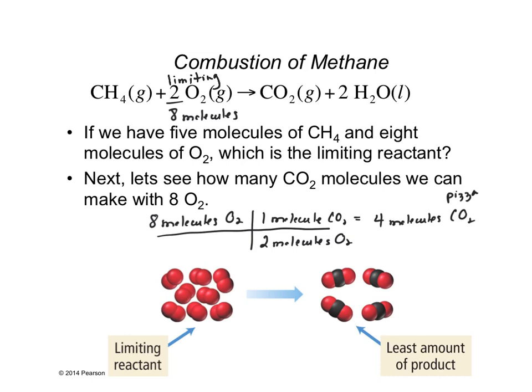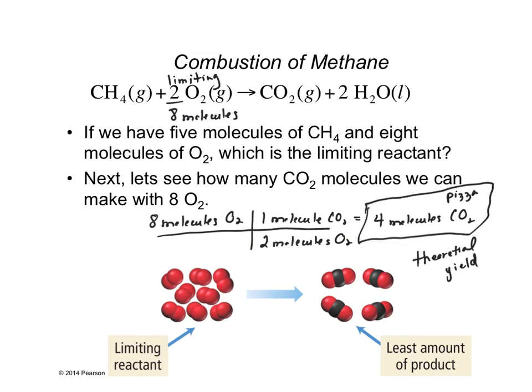That's how many molecules that we can make given our limiting reagent, or how much product we can make given our limiting reagent. When we make 4 molecules of CO2, we have run out of oxygen. We can no longer do the reaction anymore. So this is what we call our theoretical yield.